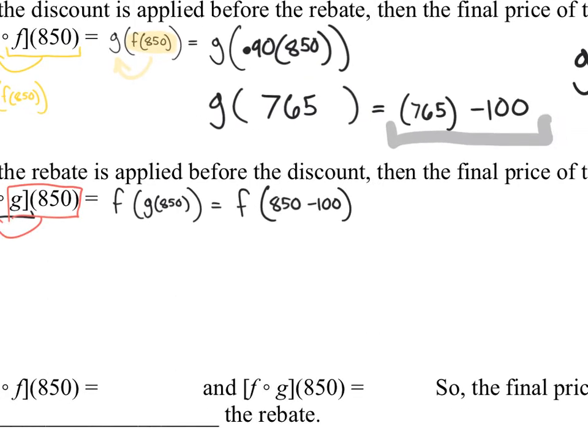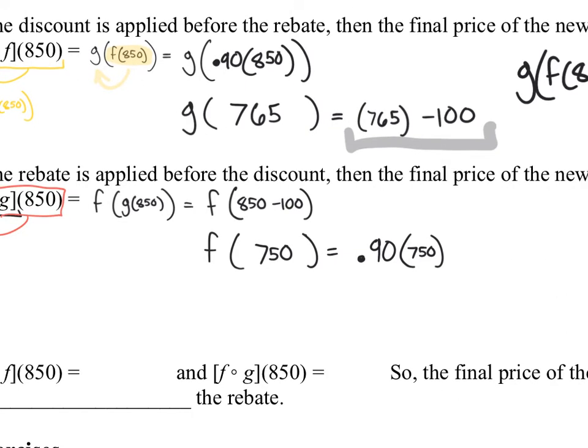So that then means we're looking for f of 750. Now to find f of 750, that's the 10% discount. So there's the 10% discount. There's the amount that we're taking it on. And when we do that, we get 675.